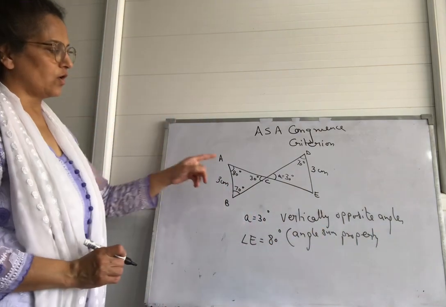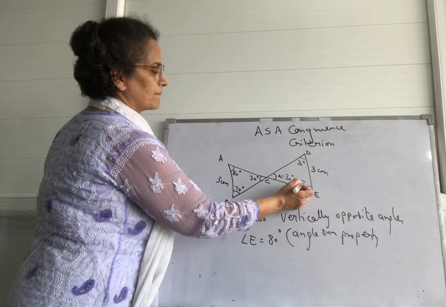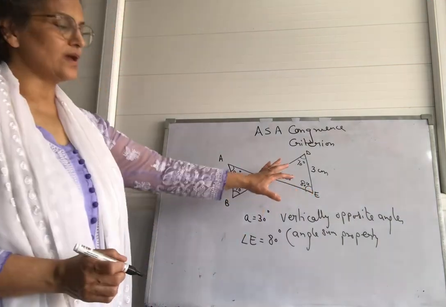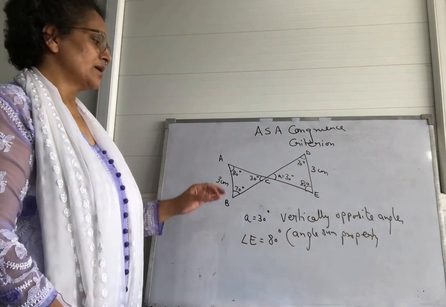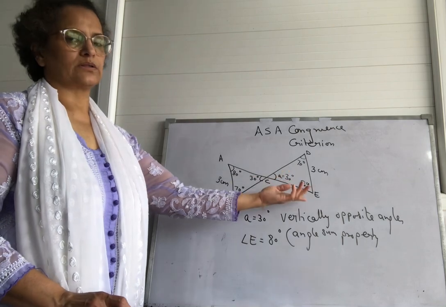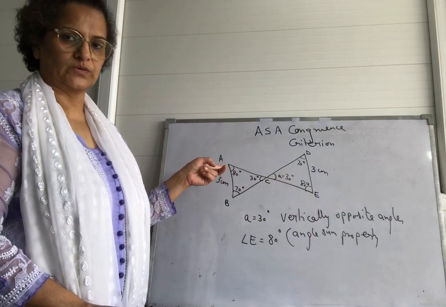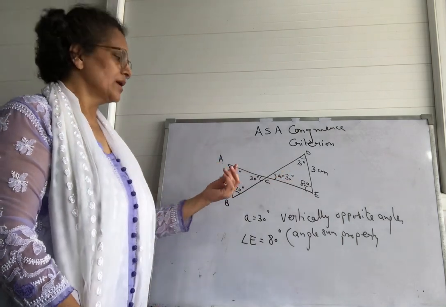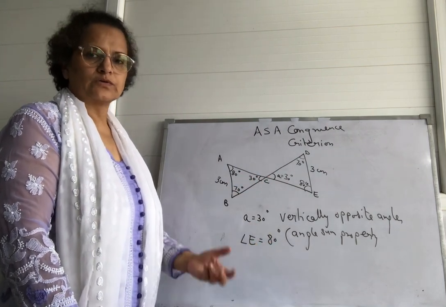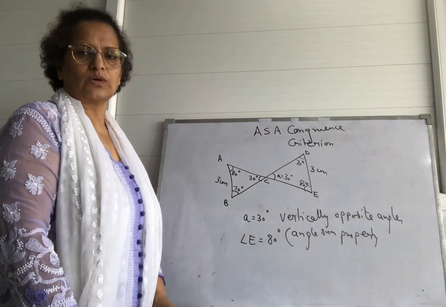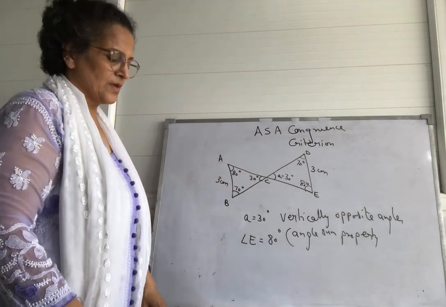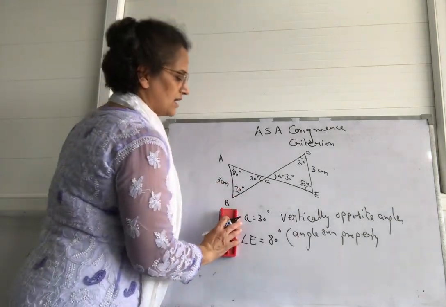Now we have found all the angles. We can talk about the ASA congruence criterion, and you can see if two angles are equal, the third will always be equal using angle sum property, and then we will have the included side between them. So we can use ASA.